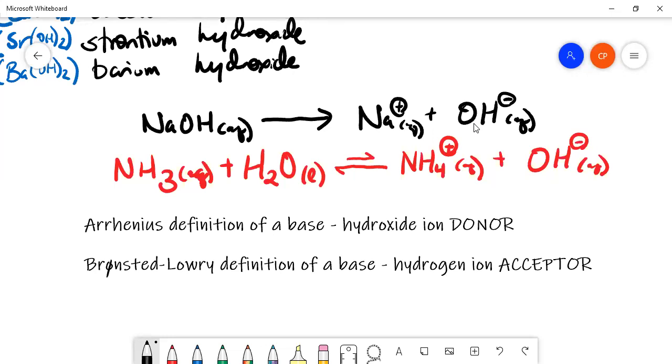But we need the Bronsted-Lowry definition of a base to help explain why ammonia has basic behavior, and to explain other types of basic behavior as well.